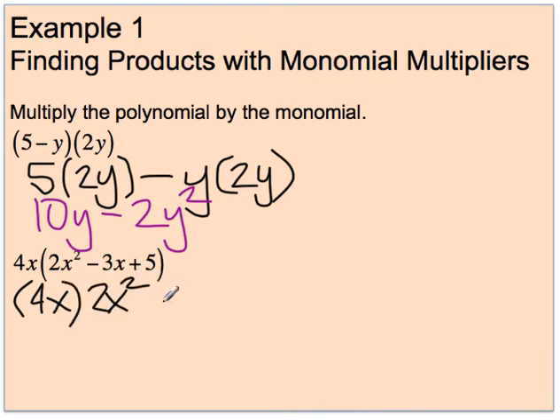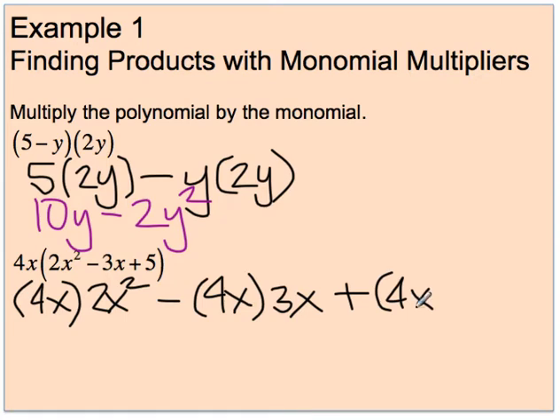We keep the sign the same, so minus sign. We take the 4x and multiply it by 3x. And then keeping the sign the same, we have the 4x, and we multiply that by the positive 5.